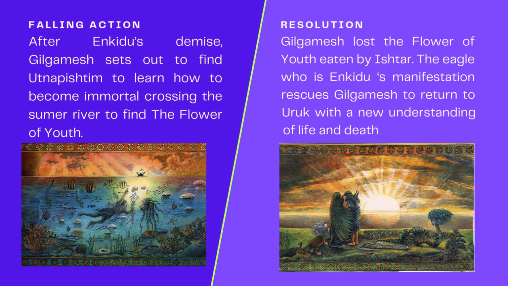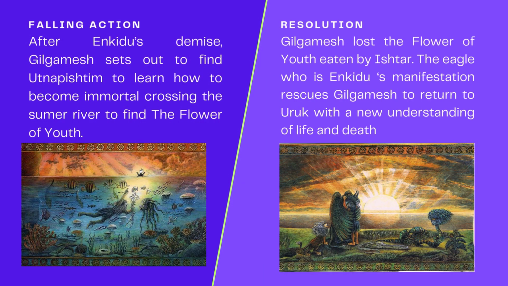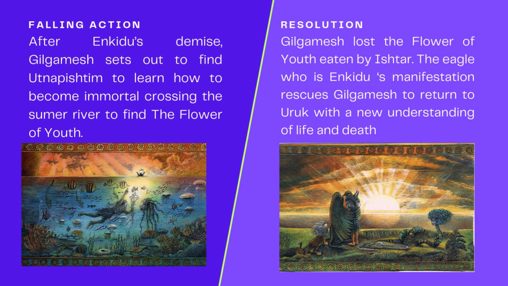In the falling action, after Enkidu's demise, Gilgamesh sets out to find Utnapishtim to learn how to become immortal, crossing the Sumer River to find the flower of youth. And in the resolution, Gilgamesh loses the flower of youth, eaten by a snake. The eagle, who is Enkidu's manifestation, rescues Gilgamesh to return to Uruk with a new understanding of life and death.